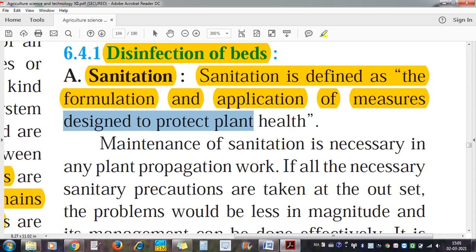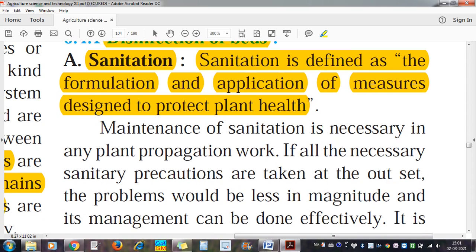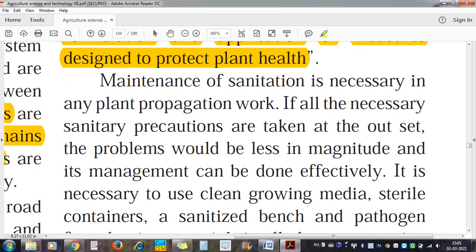We have to protect the plant from pests, diseases, fungus, molds and any other disease-causing pathogen. Unless the plants are healthy, they will not be purchased by the customers. So this is necessary for propagation of plants also.